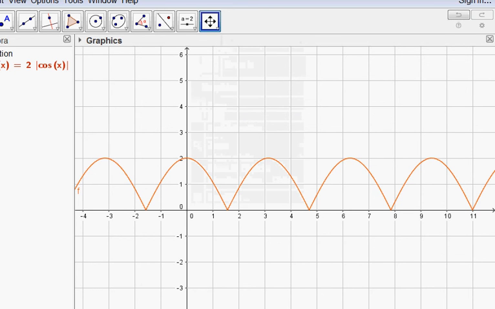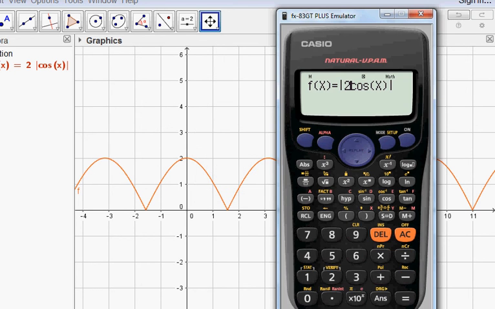Now we're going to look at the graph again, compare. 0, 2, yeah? When does it hit 0? Let's find out. 90 degrees in, it hits 0, would you agree with that? So, it starts off at 2, doesn't it? And then it ends up at 2.